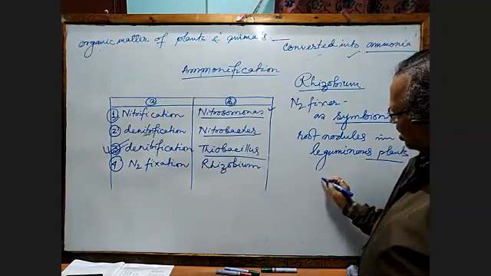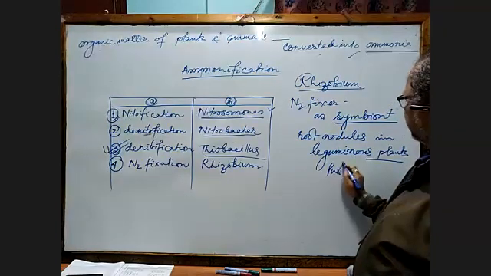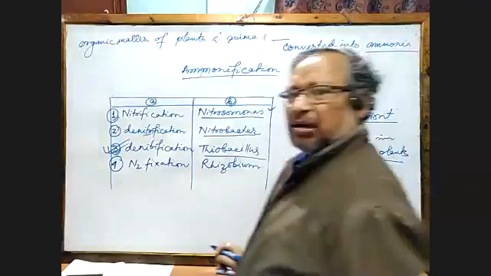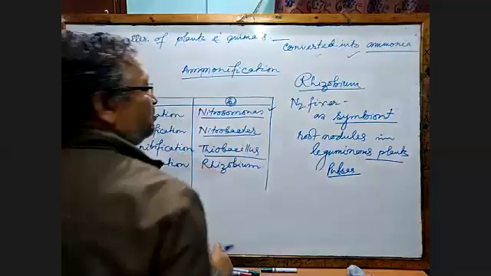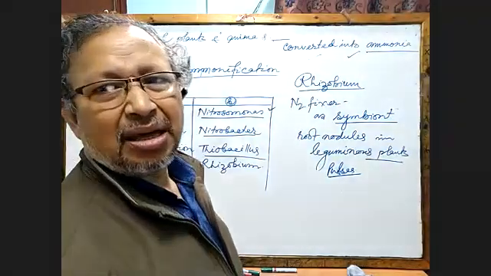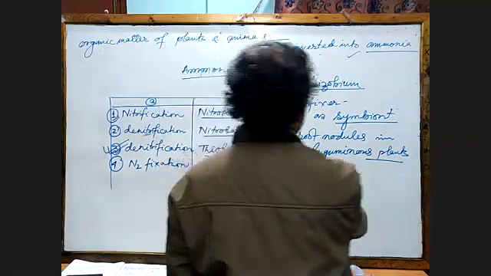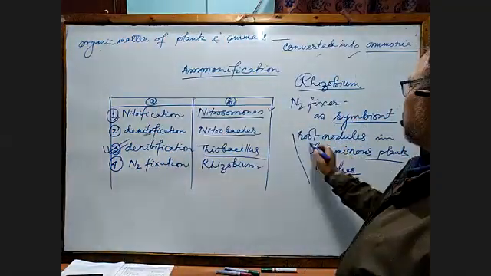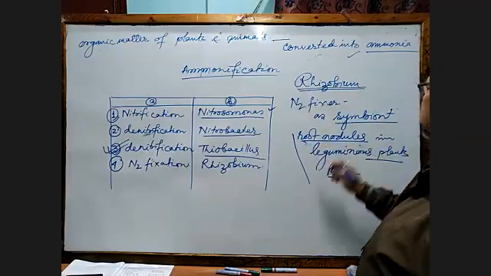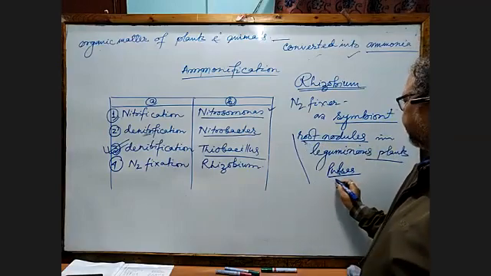That is, in case of pulses, gram, pea, beans, clover, alfalfa, all these different leguminous plants form root nodules. So this Rhizobium bacteria stays in the root nodules of these leguminous plants and fixes nitrogen.